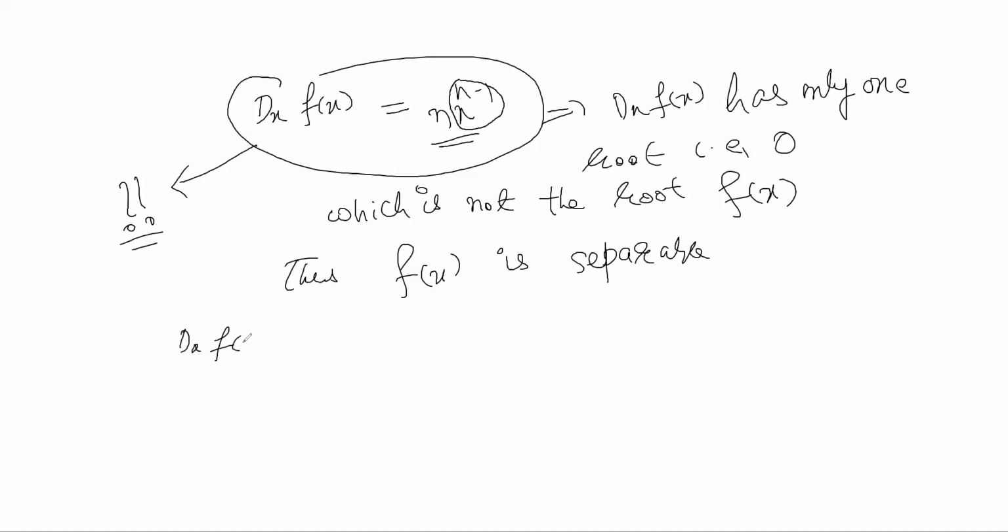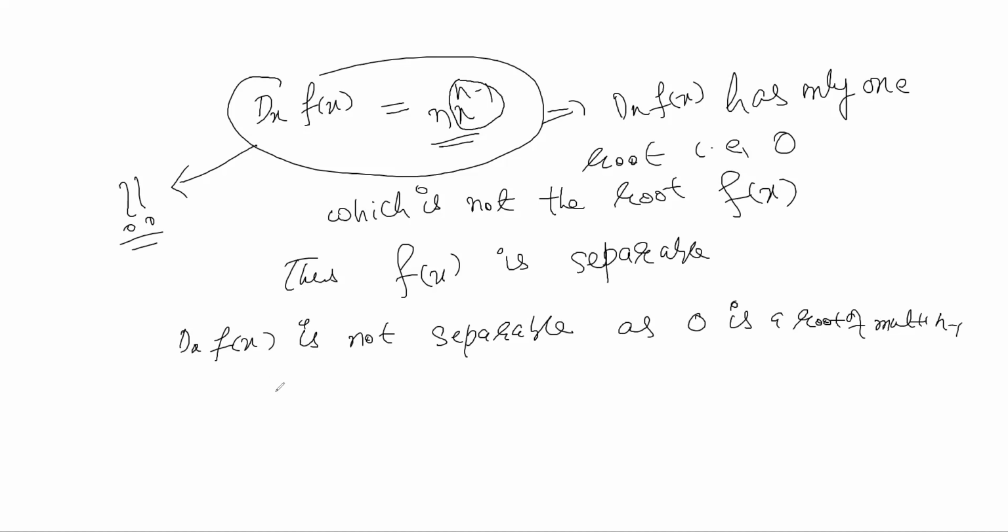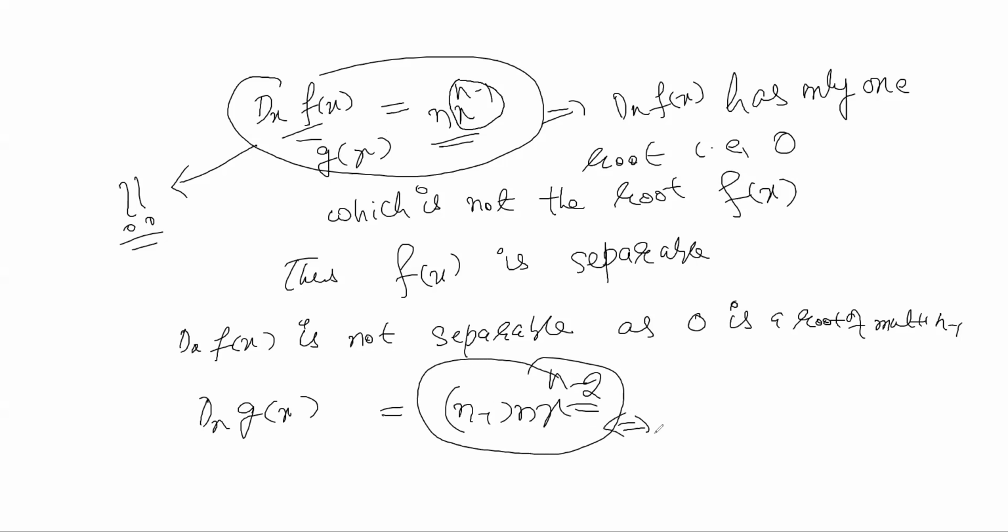So f(x) is not separable, as 0 is a root of multiplicity n minus 1. और आप यहाँ भी देख सकते हैं इसका डबल डेरिवेटिव. मान लो ये आपकी g(x) है तो आप d/dx g(x) ले लो तो वो क्या आएगा? n minus 1 n x n minus 2. तो 0 फिर इसका भी रूट आ जाएगा. Okay, so this argument can also be applied.